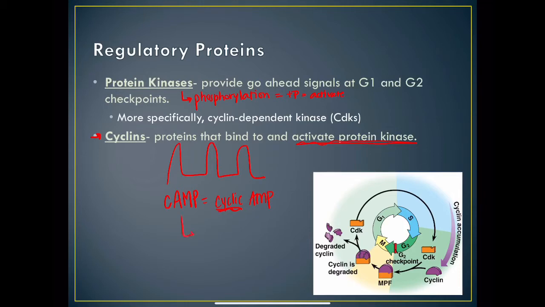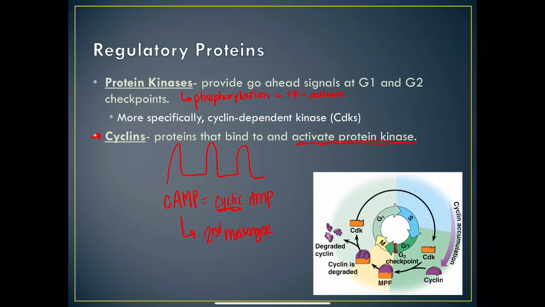So cAMP, when we talked about it before, we talked about it as a second messenger, right? So you had a G protein coupled receptor or some type of cell receptor, and it received a signaling molecule, okay?